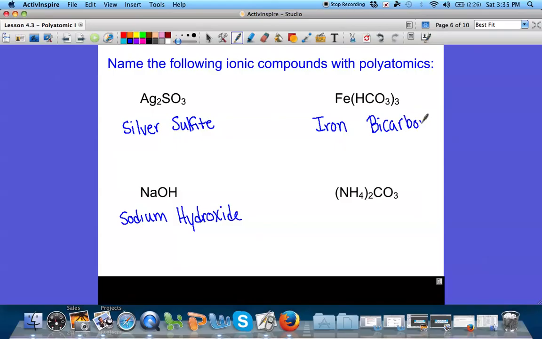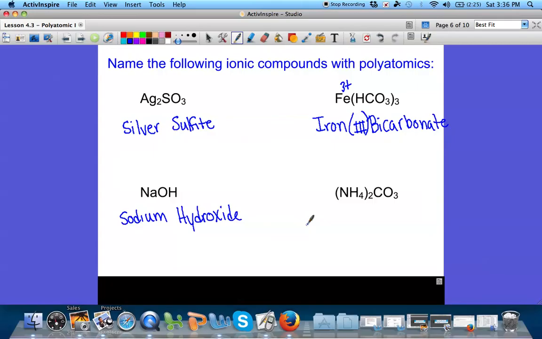However, iron is a transition metal, so we have to use Roman numerals to determine the charge. Bicarbonate is a 1-, so we can work backwards, so this tells us that iron is a 3+. So we're going to indicate that with the Roman numeral III.